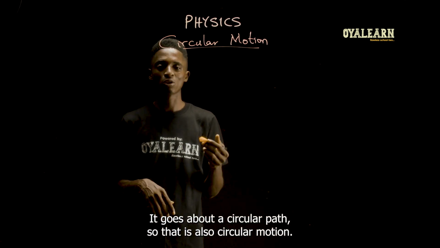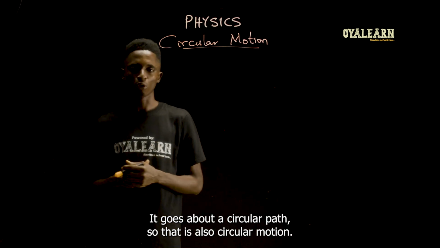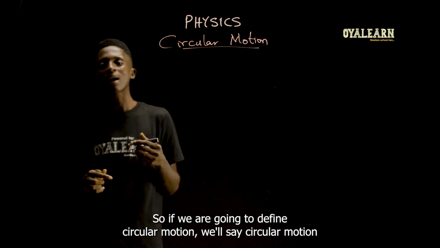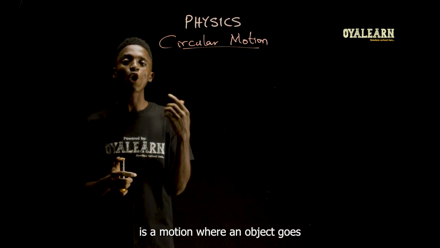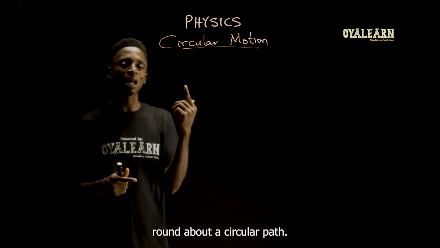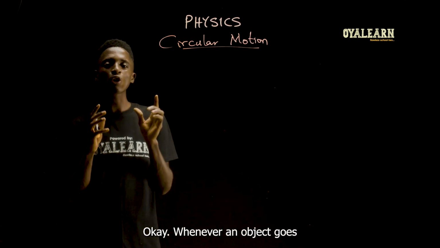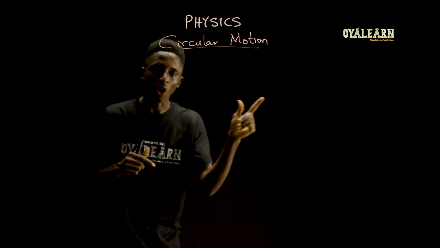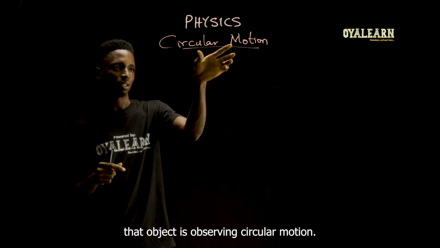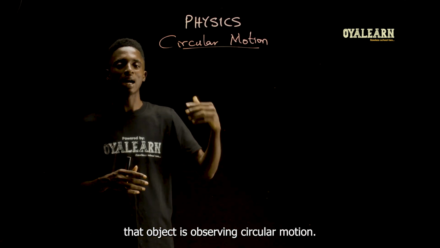As it goes around the earth, it goes about a circular path, so that is also circular motion. So if we are going to define circular motion, we will say circular motion is a motion where an object goes round about a circular path. Whenever an object goes along a circular path, that object is observing circular motion.